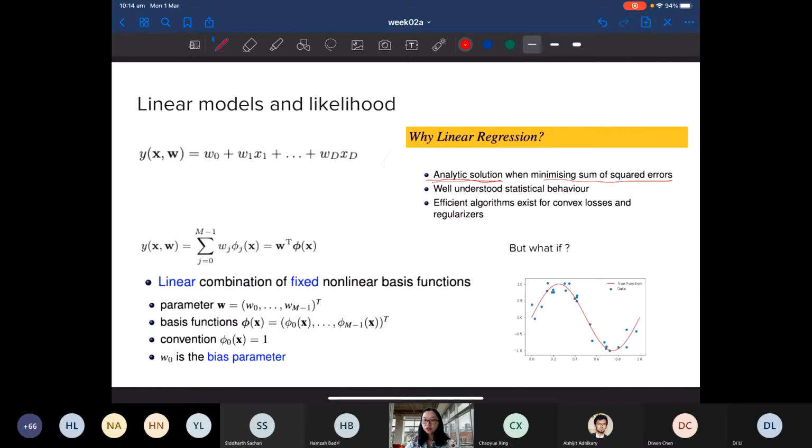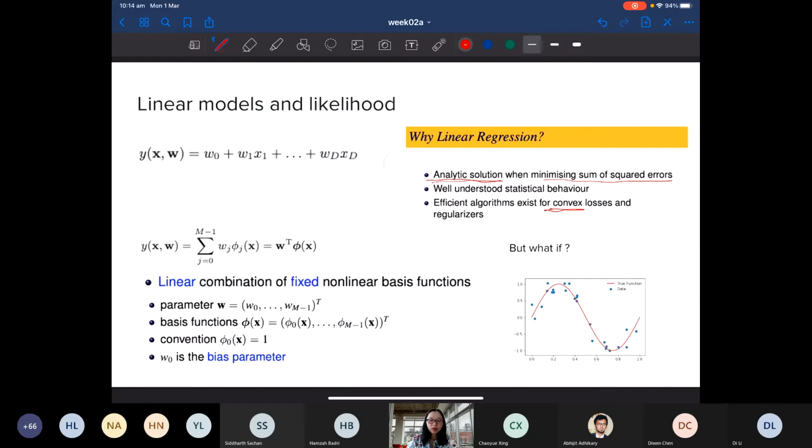And also there are efficient algorithms for convex losses, and we'll see the notion of convexity is important in machine learning. It leads to efficient algorithms with guarantees and regularizers, and basically you can put regularizers and it's still well behaved, right?